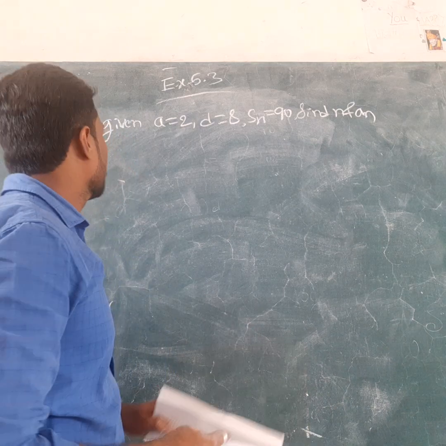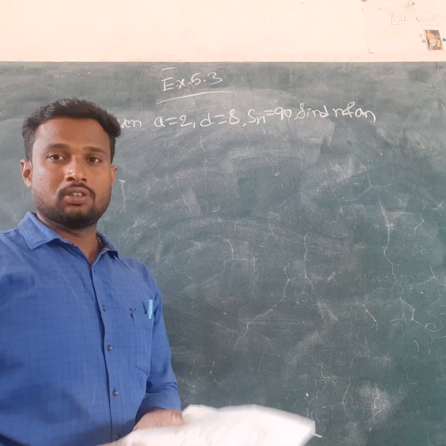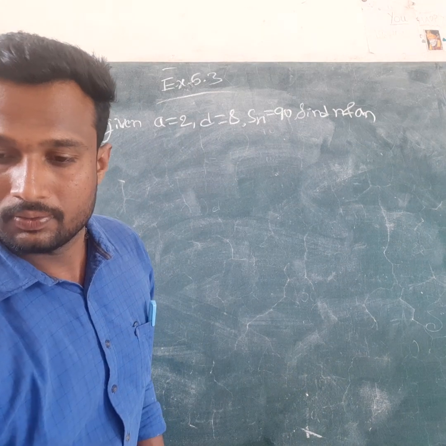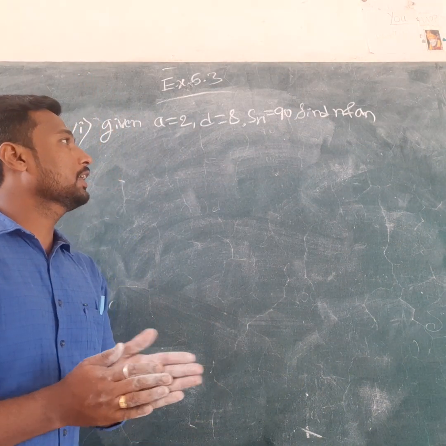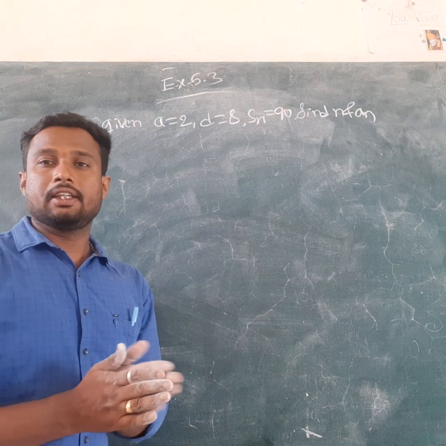Okay, what they have given? A value, D value and Sn value. We have to calculate N and An.